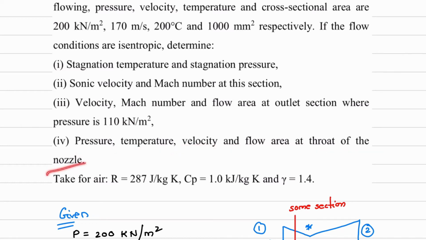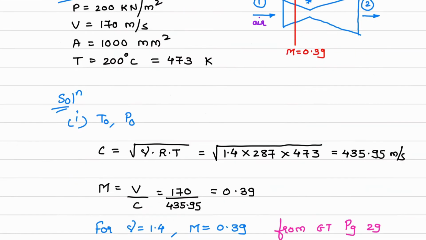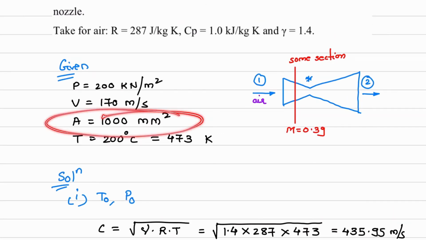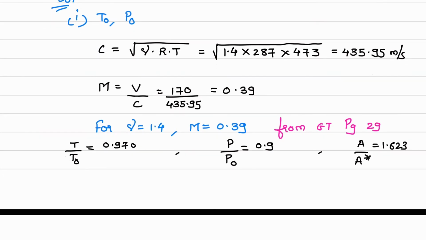This is a convergent divergent supersonic nozzle. At the throat I have Mach number equal to 1, where properties are critical properties given by superscript star. So I have to find the A star value. At Mach number equal to 0.39, I have been given the area, which is why I have written down the area ratio A by A star.